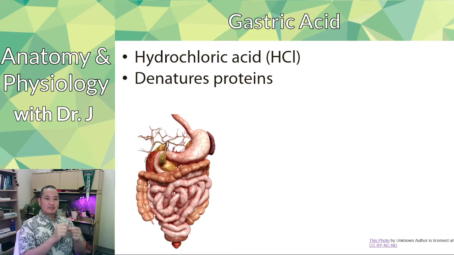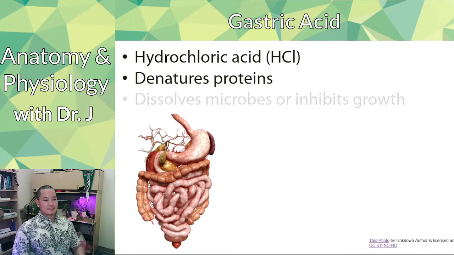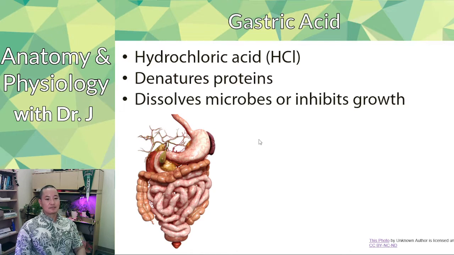Well, denaturing is going to unravel the different structures and the properties that glue a protein together and make a 3D structure. So if you denature a bacterial or pathogenic protein, that's going to neutralize that pathogen. It can dissolve microbes altogether, or inhibit growth through the acidic and denaturing properties as well.